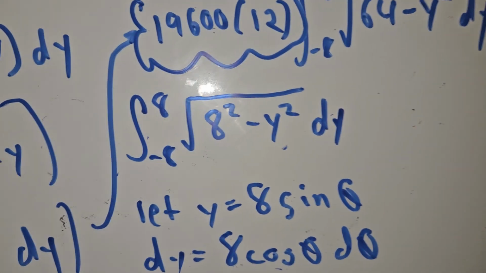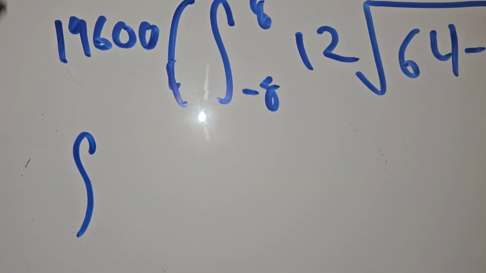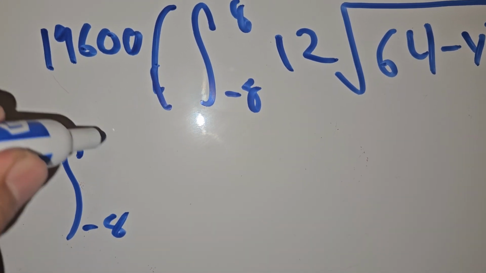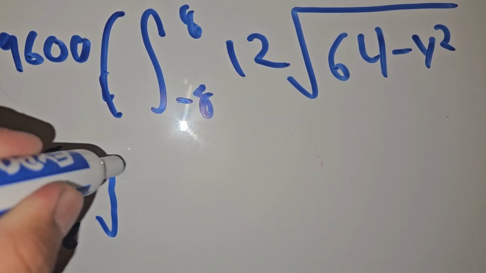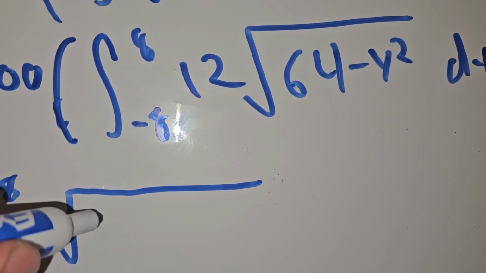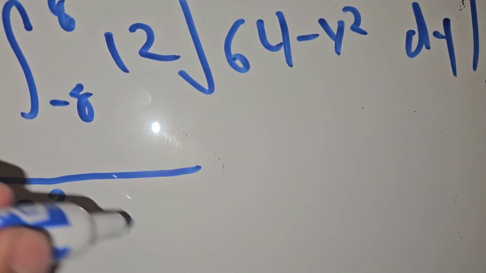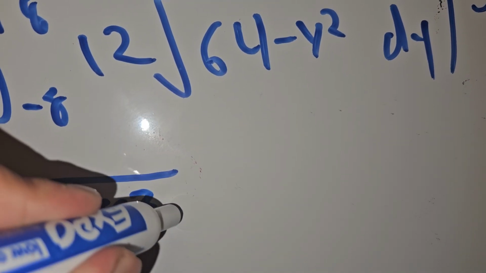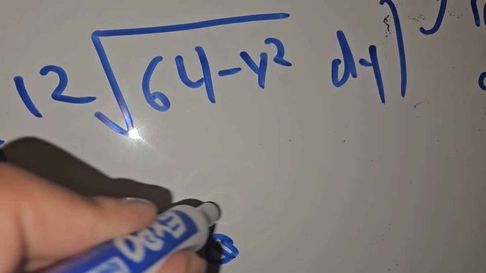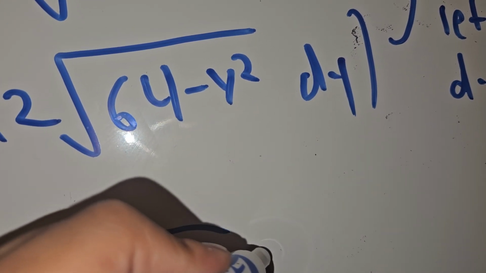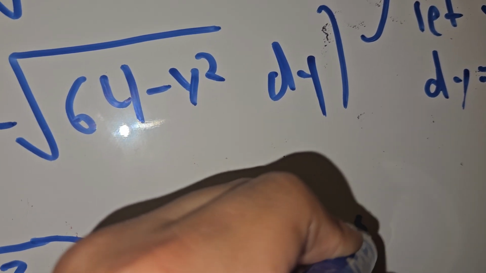So now let's go ahead and evaluate. This will be the integral from -8 to 8 of the square root of 8 squared minus 8 squared sine squared theta, times 8 cosine theta d theta.